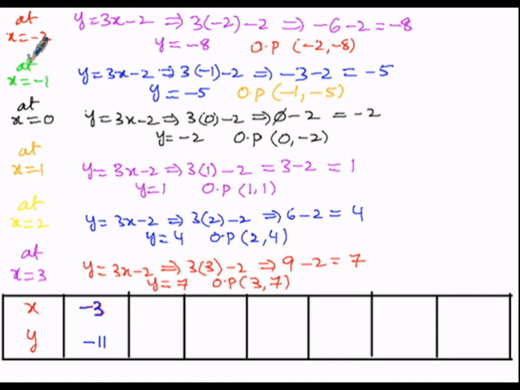The second ordered pair is minus 2 comma minus 8. The third ordered pair, minus 1 comma minus 5. Then 0 comma minus 2, when x is 0, y is minus 2. Next, 1 comma 1. Then when x is 2, y is 4. When x is 3, the y value is 7.